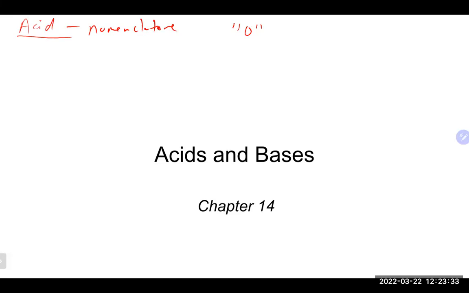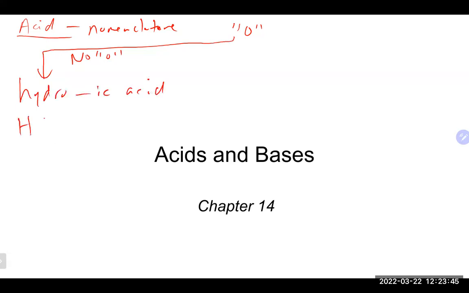If there is no oxygen, then the acid is hydro-something-ic acid, like HCl has no oxygen. So hydro, the middle part is the negative ion, chloric acid.